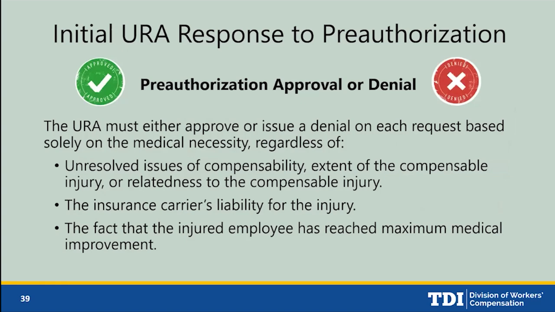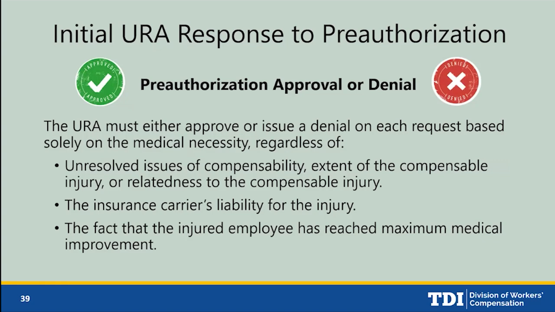Also, keep in mind when you're reviewing pre-authorization, the URA is not giving their opinion about extent of injury or any other issues on the claim. They're just wanting to answer that one question, and that is whether or not they think it's medically necessary. So regardless of any unresolved issues about compensability, extent of injury, or relatedness, they're not thinking about that, only medical necessity.